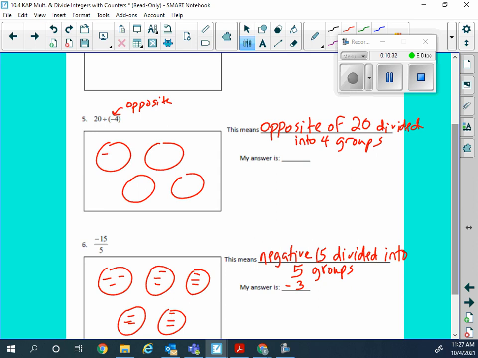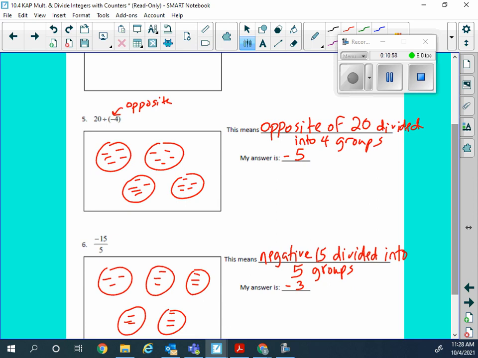Negative. Okay? And now your answer is, what do you see in each group? Negative 5. Okay? Is everybody with me so far?